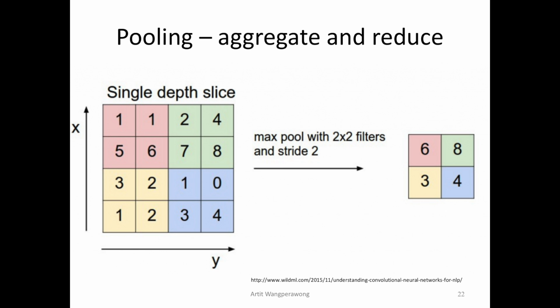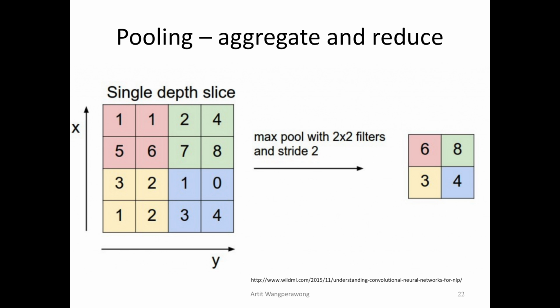And pooling is really an aggregate and reduce operation. What pooling does, and the most popular one is called max pooling, is that you examine again a map, a subset of that, a sub-image, and you look at the pixel intensities, and you say, what's the maximum pixel intensity? In the top left, the red, the maximum is 6. So then you take that value, 6, and you form the new 2D output layer.